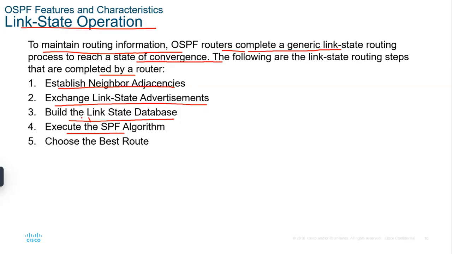So once the link state database is in place, automatically the shortest path first is going to use this database and then select the shortest path first.